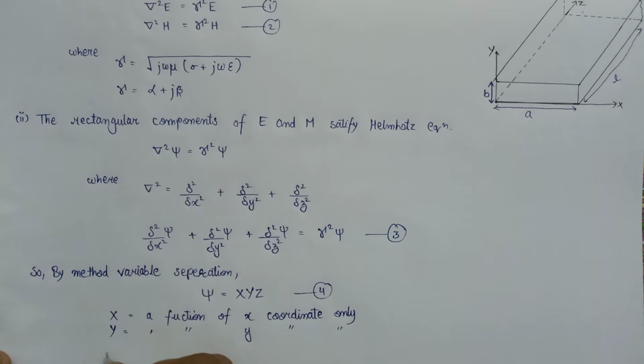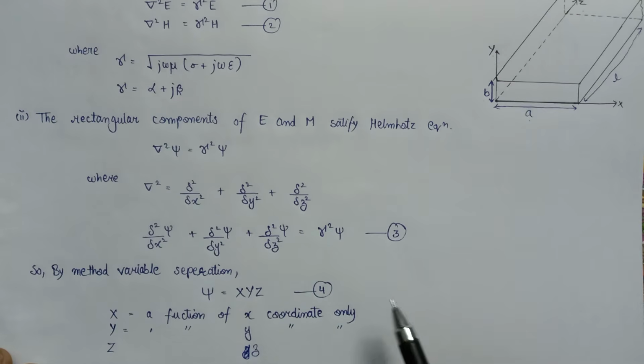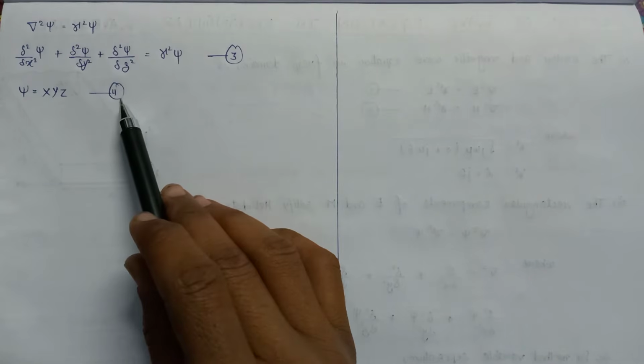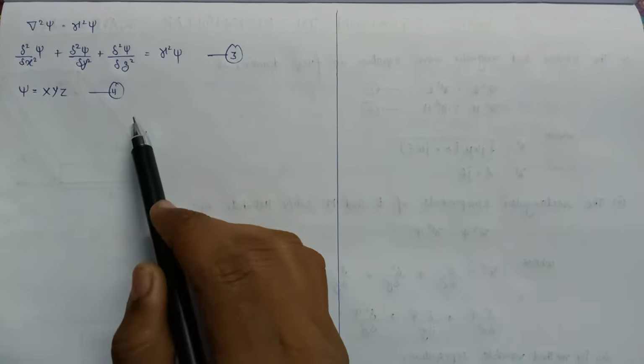And similarly, this capital Z is a function of small z only. So this is all about the X, Y and Z that we have written here. Here is equation number 3 and here is equation number 4 that we evaluated.